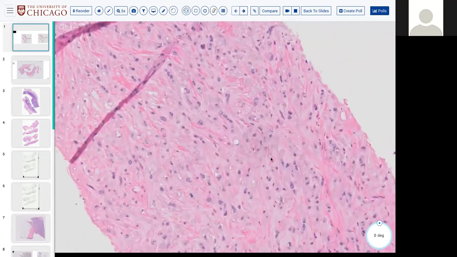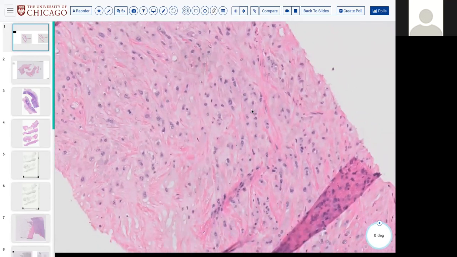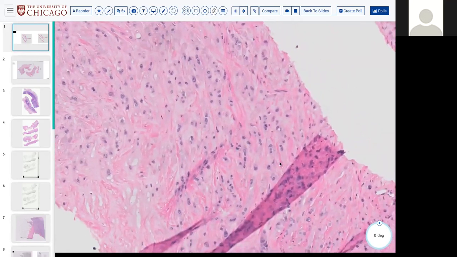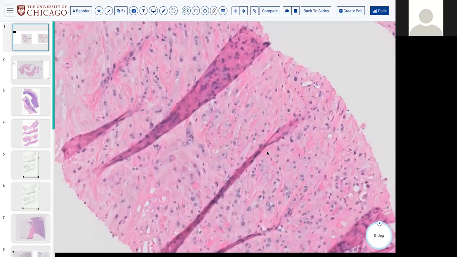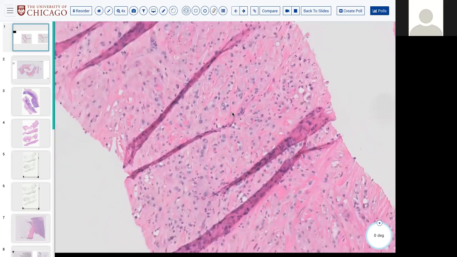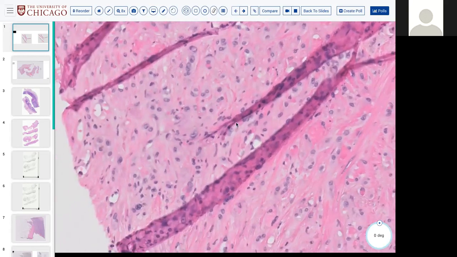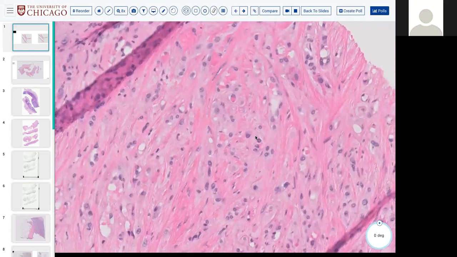And there are cells that look like they're forming a trabecular pattern. In terms of striking features of malignancy, I don't see a whole lot of atypia or weird mitosis or necrosis, so maybe something a little more benign.